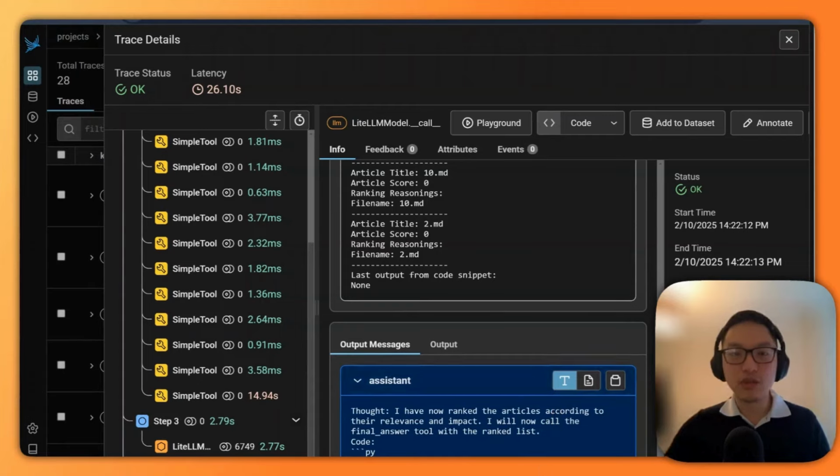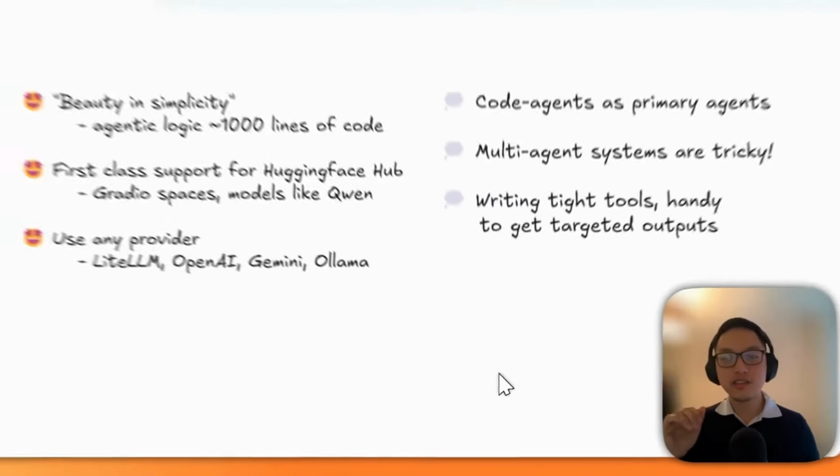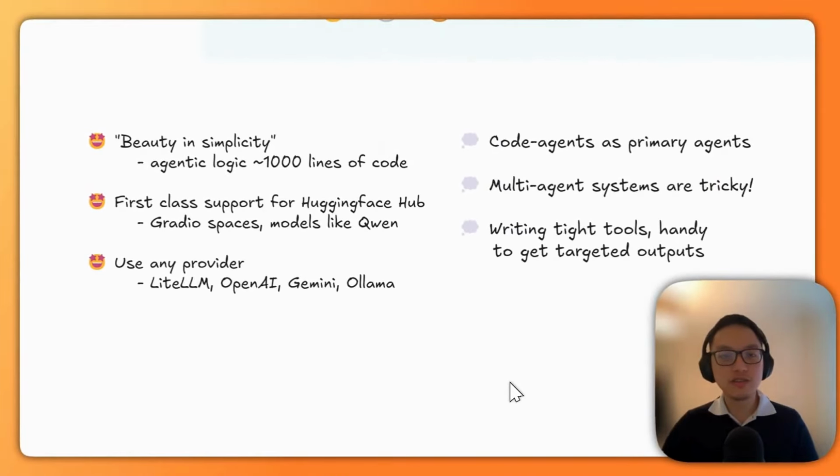And I'm going to jump to my thoughts on the framework. Okay, so here we are. My final thoughts on the framework, again, summarized in very quick terms. First off, I really like how it's a light framework and it's very simple. So I think there's beauty in the simplicity of things. And again, here the team has done well by writing the whole logic in about 1,000 lines of code.